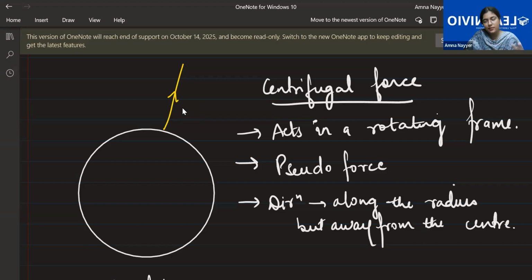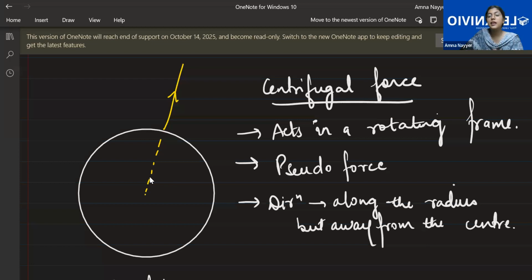Magnitude wise, it's the same, and theoretically also it's the same. Some force will be providing the necessary centrifugal force, and it's not an actual force. That's why it's also called a pseudo force. But what's the difference? It is acting along the radius, but away from the center. Centripetal was towards the center, centrifugal is away.